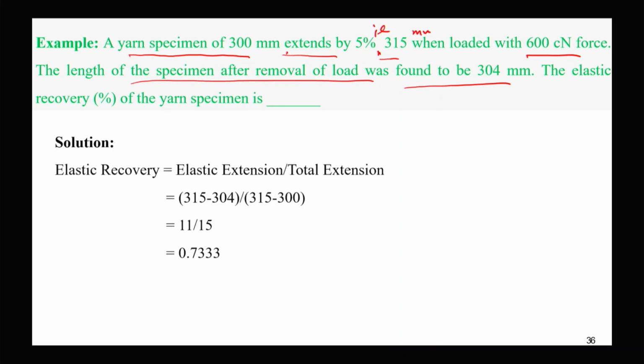So the elastic extension will be 315, the extended length, minus 304, the length after removal of load, and the total extension is 5%, that is 15, 315 minus 300.